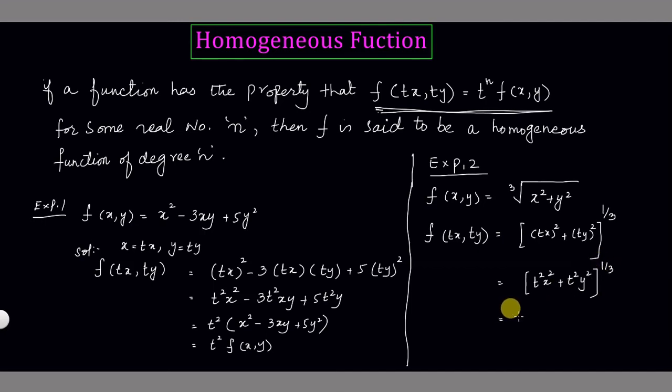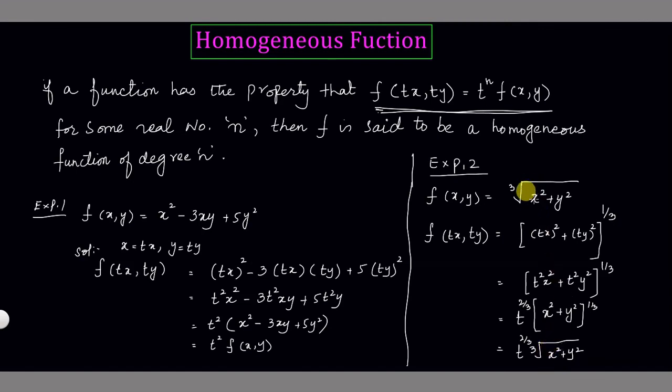If you take t square common, it becomes t raised to the power 2 by 3, because the overall power 1 by 3 is also applied to it. What is left is x square plus y square with overall power 1 by 3, so the original function comes back.